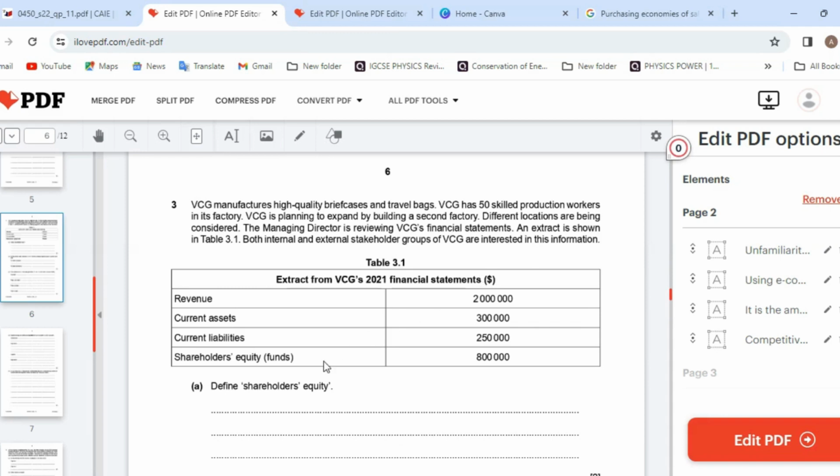Now, directly to our question. Question 3A says, define shareholders' equity. What do you understand by shareholders' equity? Of course, it is simply defined as share capital plus reserves.